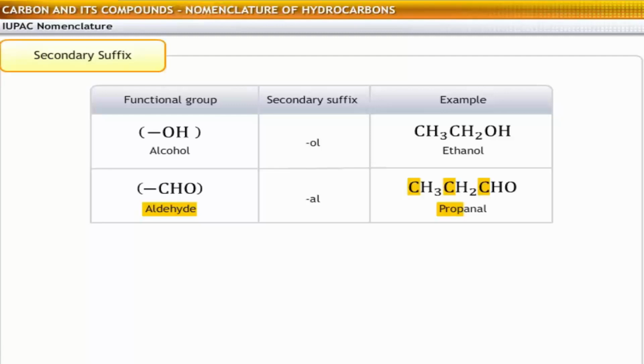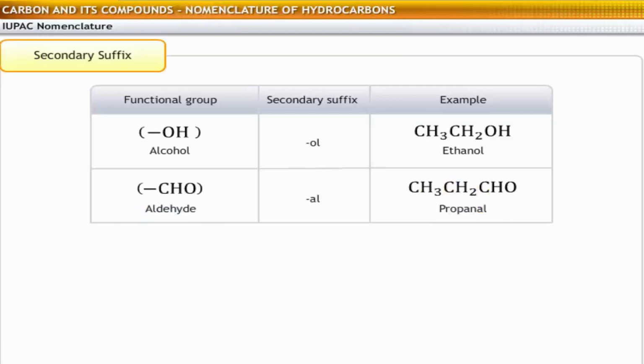The aldehyde molecule is saturated, so the primary suffix should be "ane". However, the molecule contains a functional group CHO, so a secondary suffix needs to be included in the name. Remove the e from alkane and add the suffix "-al". Therefore, the IUPAC name of the given molecule is propanal.